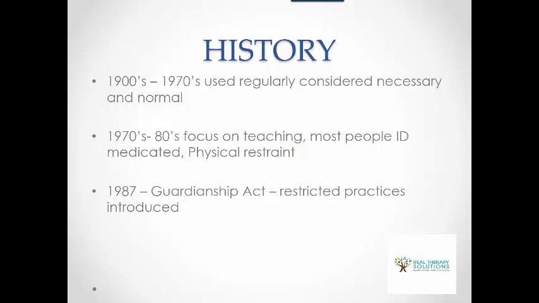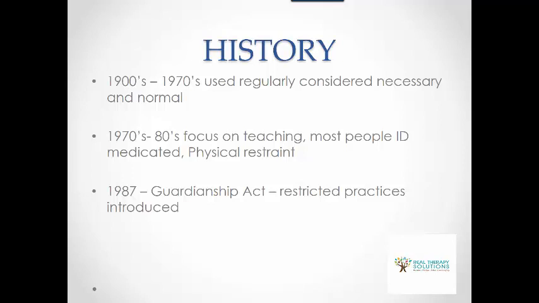Still, most people with an intellectual disability were heavily medicated on antipsychotic medications, and physical restraint was a very common strategy. I think it's safe to say that in these times, chemical restraint medication and physical restraint were pretty much used on everybody with an intellectual disability in an institution. They were overused, and there was no need to justify their use. The justification was that, well, the person has an intellectual disability.